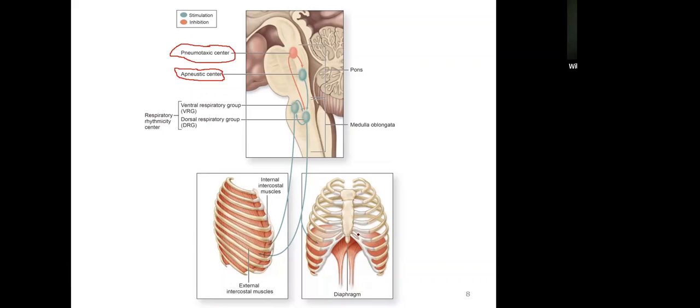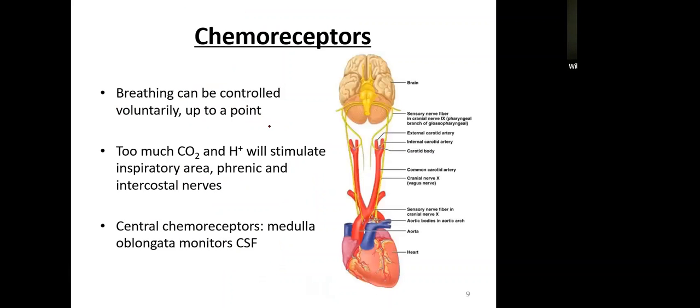The diaphragm, as you know, is a key important structure for respiration. The combination of the diaphragm and the intercostal muscles are key for the stimulation of the respiratory system. Now, chemoreceptors. Breathing can be controlled up to a point.